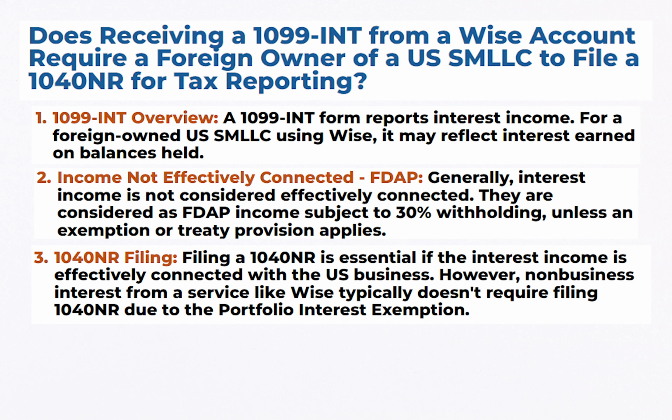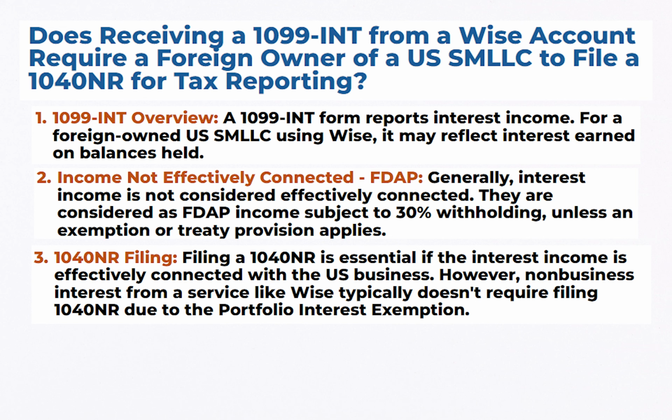Portfolio interest is interest that is not connected to any business. So if you keep your money in a savings account, a checking account, or a brokerage account, and that money earns you interest, it is considered portfolio interest. And so the IRS gives an exemption when a foreign person receives these types of income.